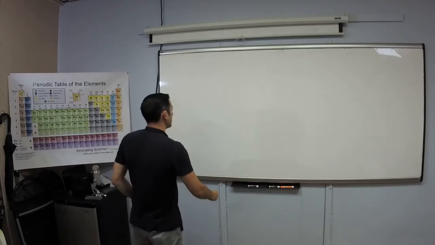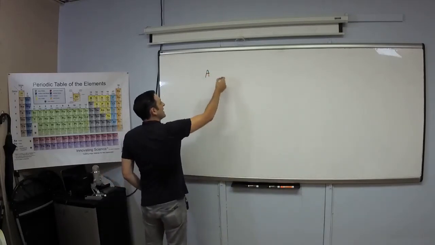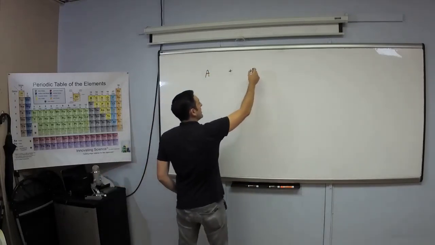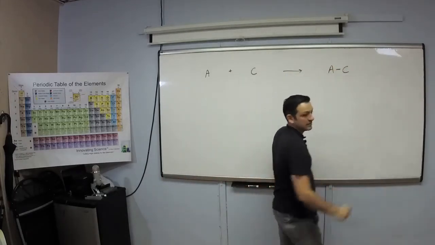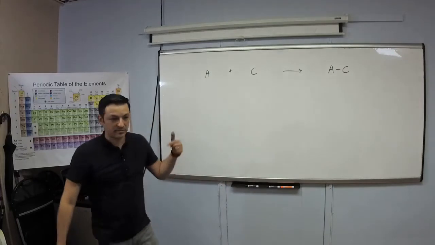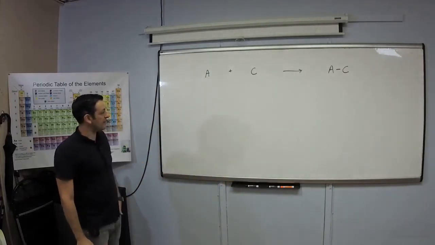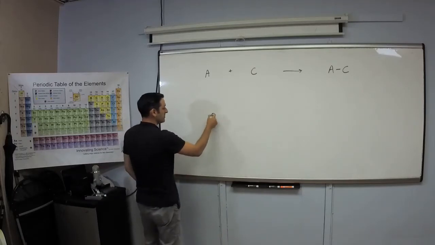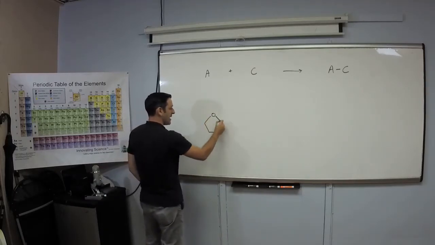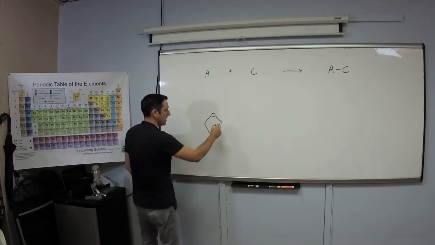Make a simple dinucleotide. If I want to connect A to, let's say, C, and make an AC dinucleotide, I'm going to have to start with a nucleotide. Let's do DNA. It doesn't matter. Whether it's DNA or RNA, it's the same exact idea.